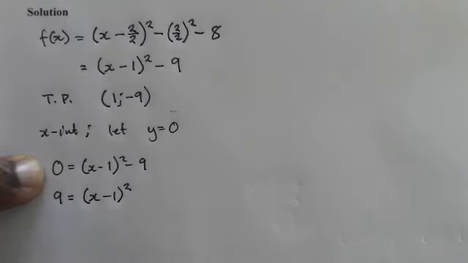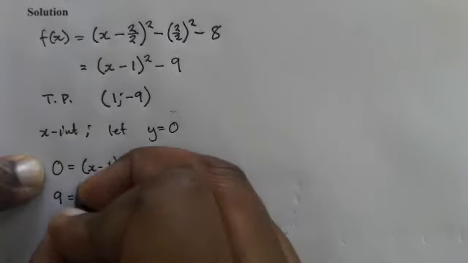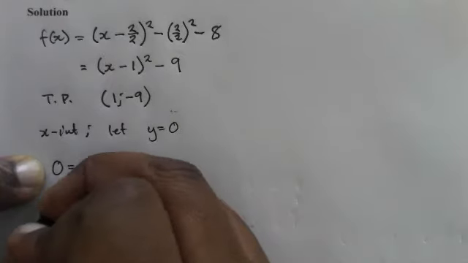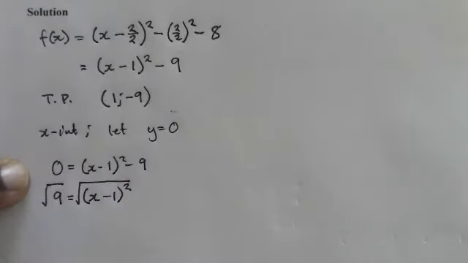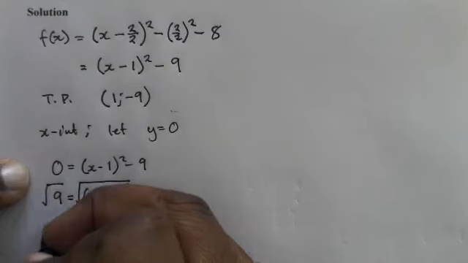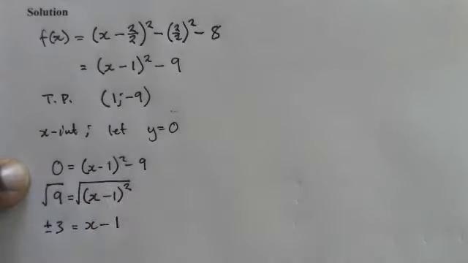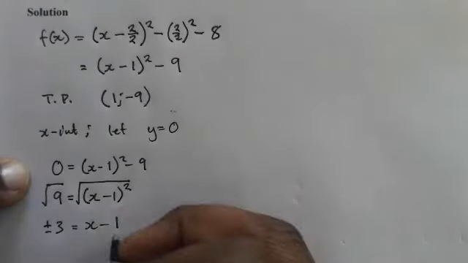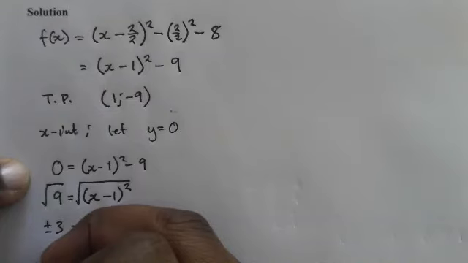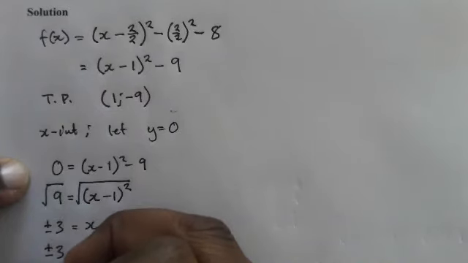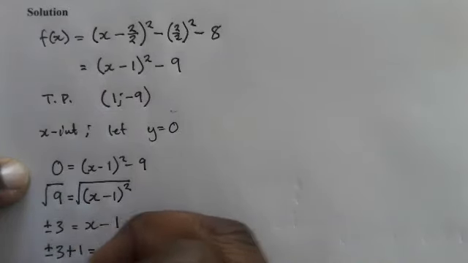Obviously, I need to take the square roots. So take the square root, take the square root. That is plus or minus 3, and that is x minus 1. Let's just put this over, so that I have plus or minus 3 plus 1 gives us x.